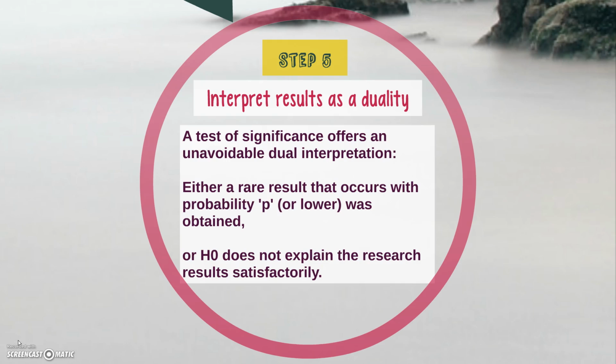That is, either you got an extreme result under the null hypothesis, but still the null hypothesis explains the difference between the groups. That is, the probability could be lower, but it was just a rare event that happened to you, or else the null hypothesis may not explain the results satisfactorily.